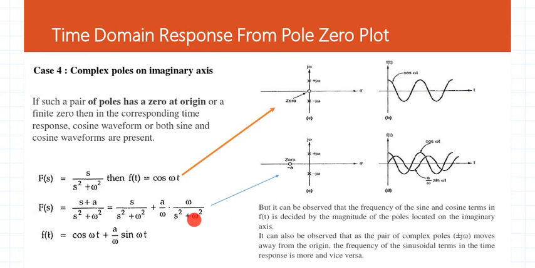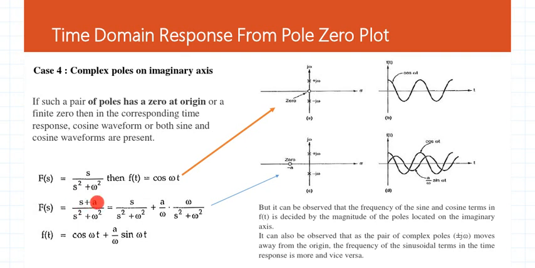Whereas now if we shift the 0 to some finite location, you can see here we have shifted that 0 from the origin to some finite location. So what would be the modification in the transfer function? To have a 0 at minus a, I should have a term s plus a included in the numerator.